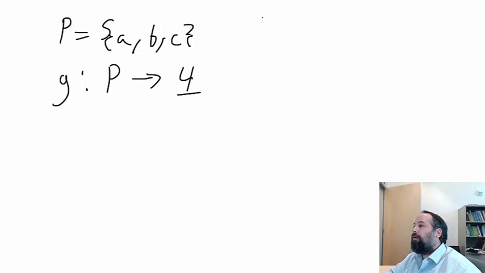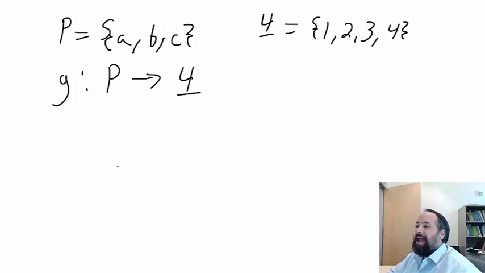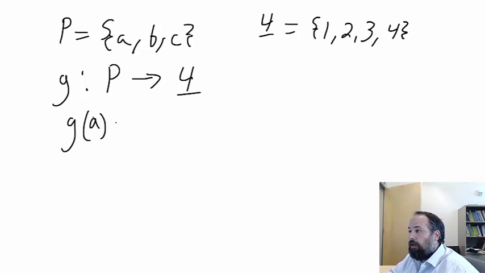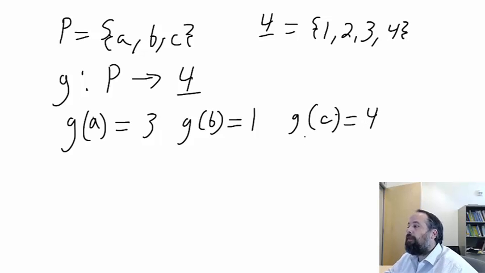Which remember, 4 underlined means, right? And then we could define it as G of A equals 3, G at B equals 1, and G at C equals 4.